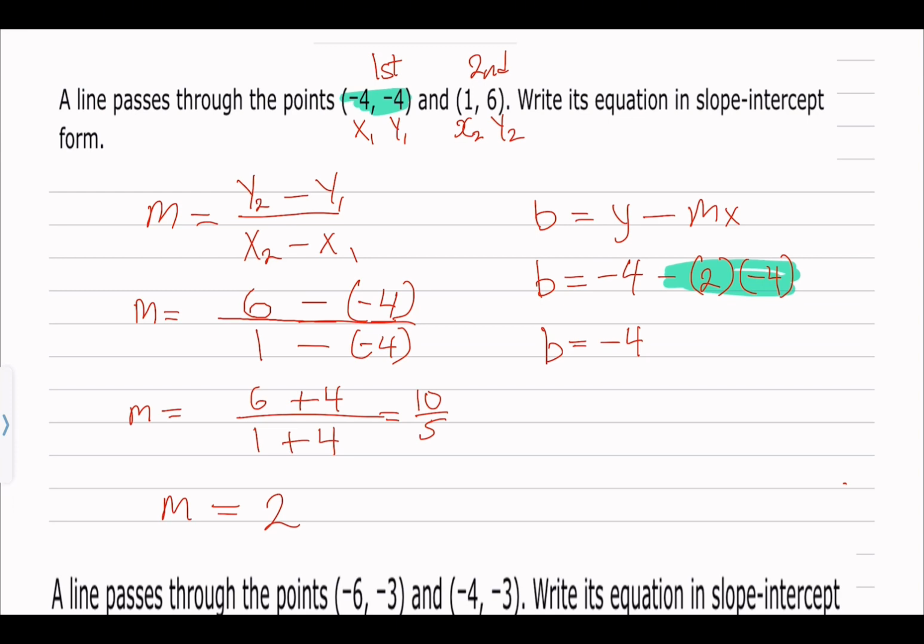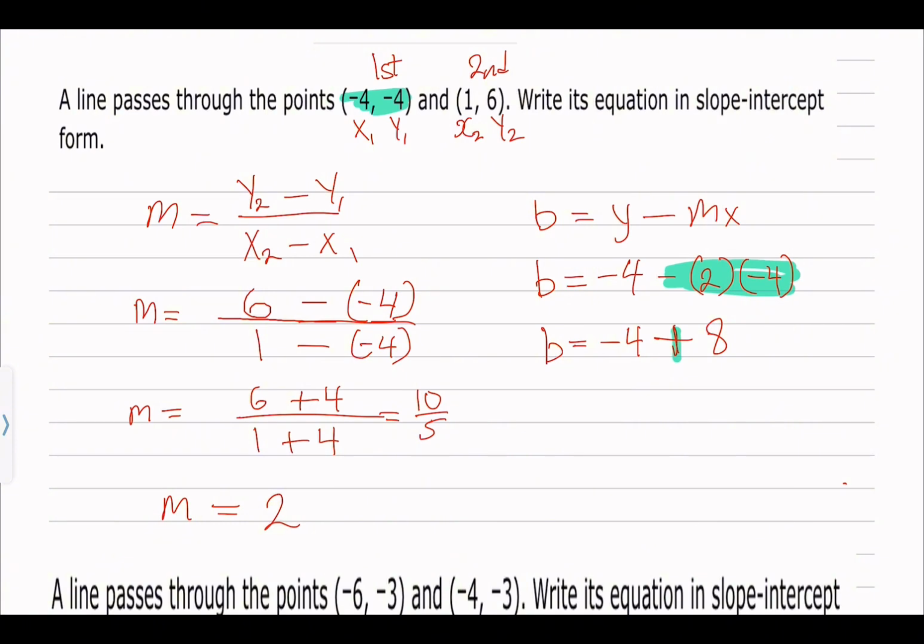Positive 8, because the negatives cancel out. Same sign, positive; different signs, negative. When you multiply or divide, same sign is positive, different signs is negative.